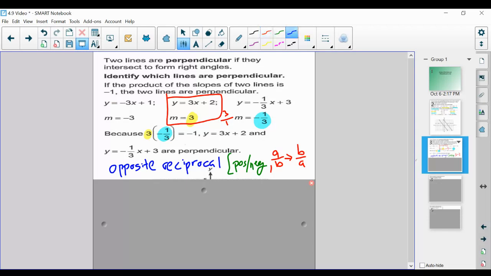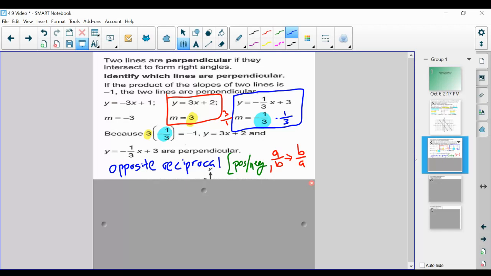If you look at this second line that we determined to be perpendicular, it's a negative, and it's 1 over 3. Now, to have a product of negative 1, one of them has to be positive, one of them has to be negative. So since that third line has a negative slope, and the second equation has a positive slope, that satisfies the term opposite because one is positive, one is negative. It doesn't matter the order.